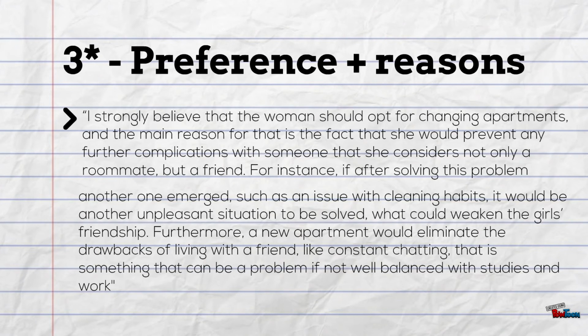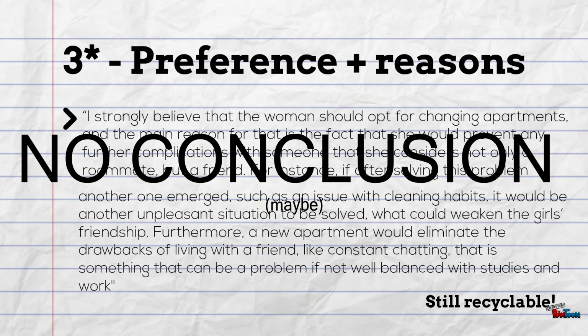Furthermore, a new apartment could eliminate the drawbacks of living with a friend, like constant chatting, something that can even be a problem if not well balanced with studies and work. This setting tends to be a little bit bigger, so usually no conclusion will be needed to complement the answer.